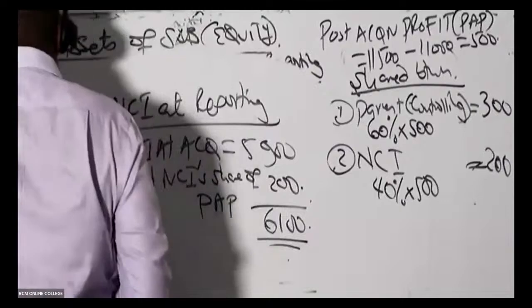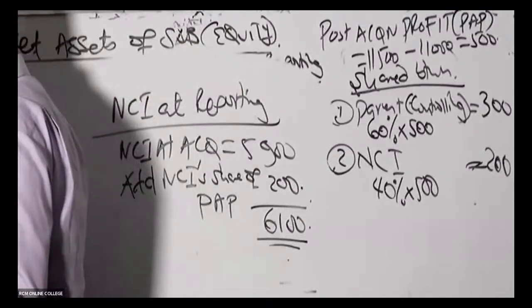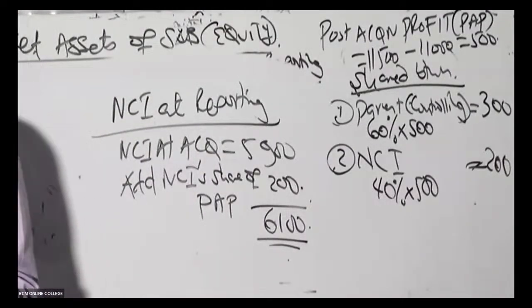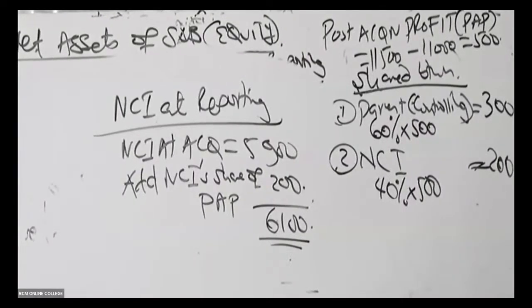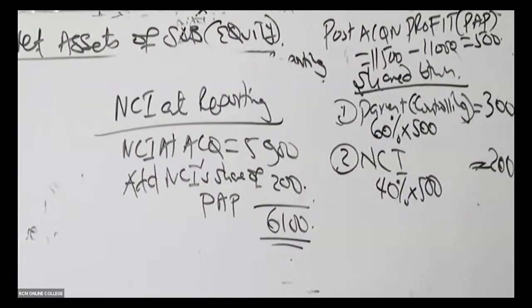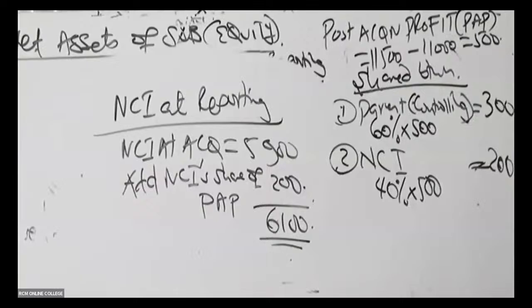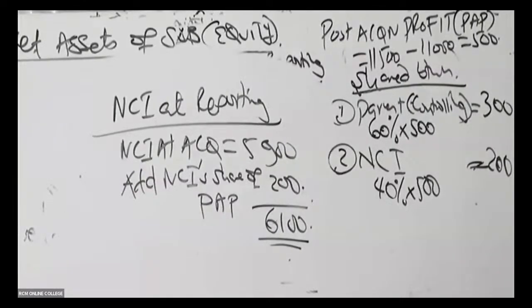Please, this figure, I hope you are able to see it in your consolidated balance sheet. Go to your consolidated statement of financial position and look for non-controlling interest under equity. And then you put it there. Let me just share the answer for you to see where you're supposed to put it.